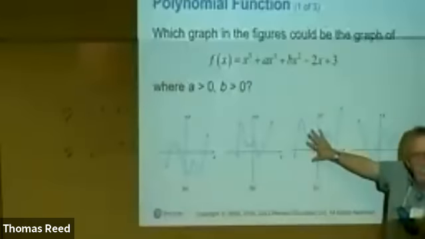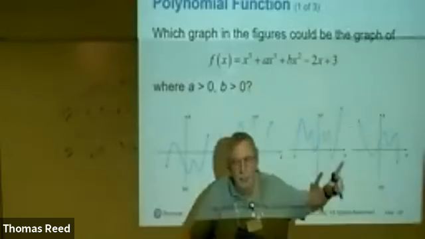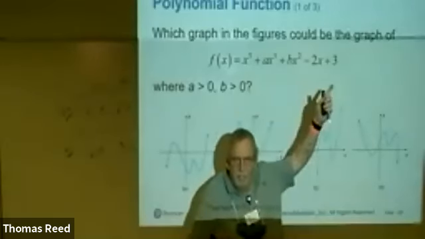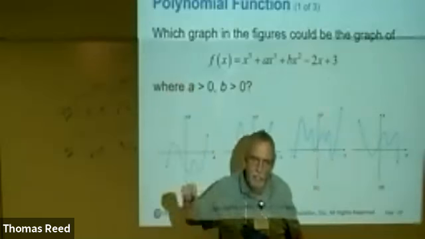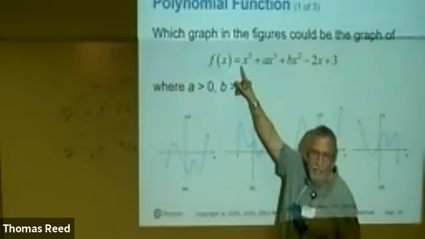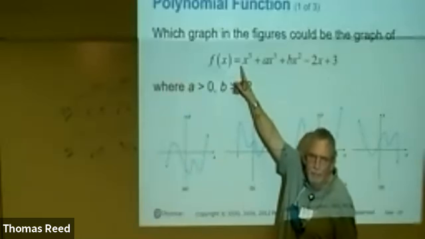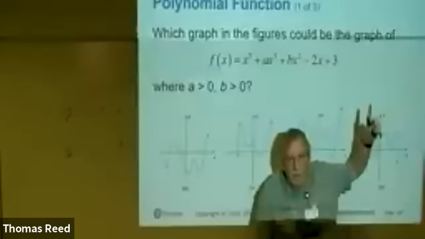So now I'm going to look at end behaviors. It's an odd degree function, so that means the end behaviors are going to go in opposite directions. Is A positive or negative? Is the leading coefficient positive or negative? Positive, so that means it's going to come out of the negative and go to the positive.